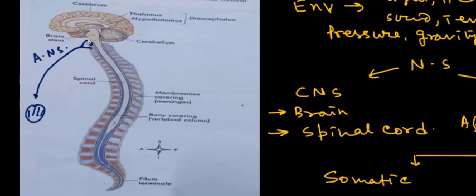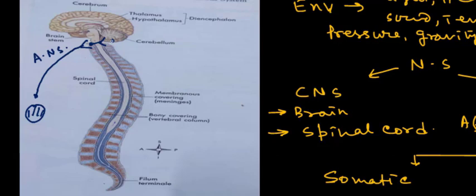In the central nervous system there is the interneuron, which processes this information, and after processing provides the output, the way by which the skeletal muscles, smooth muscles or glands will respond, by the command of this interneuron present in the central nervous system.